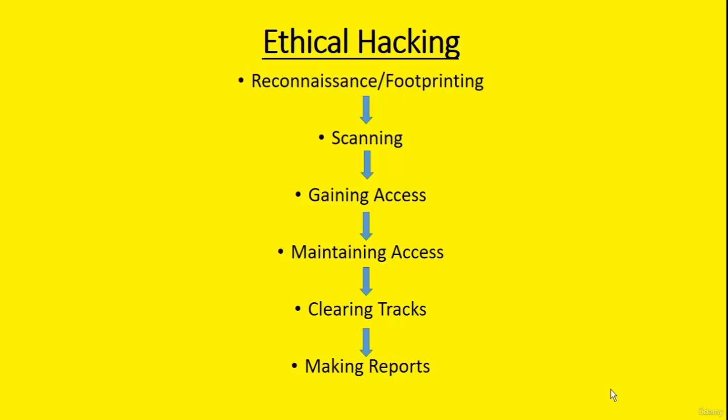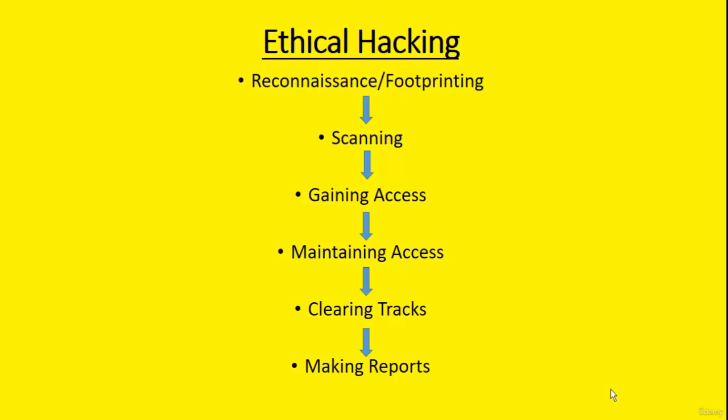Now, ethical hacking has 6 different phases. The first phase of ethical hacking is reconnaissance or footprinting. Footprinting means collection of information. So the first step of ethical hacking is to collect as much information as possible about the target. We divide collection of information into two parts.